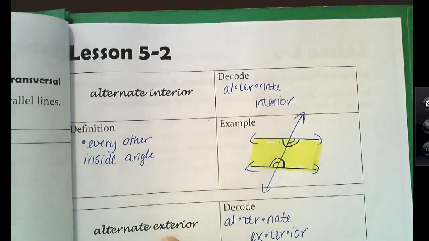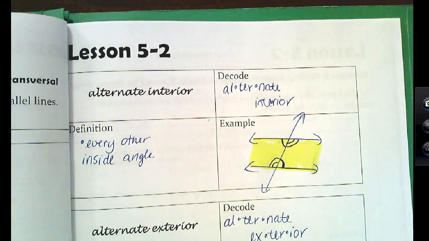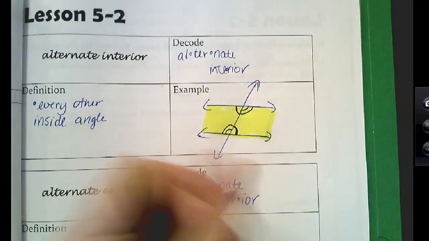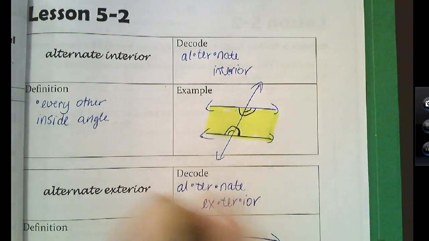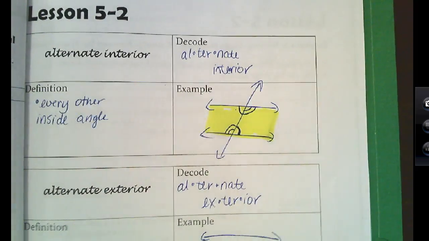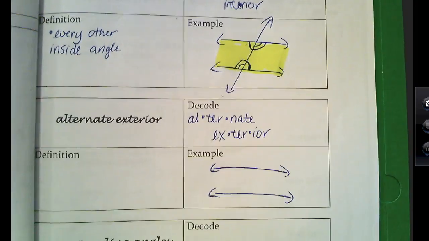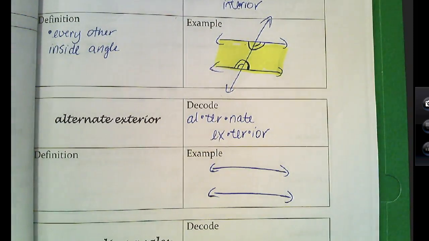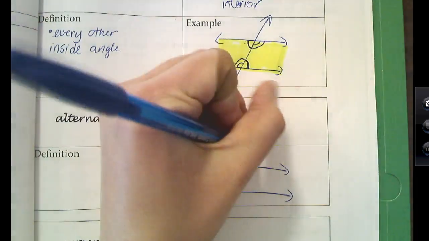Since it's exterior, does that mean it's on the outside? And he's exactly right. So this time, we're going to draw 2 parallel lines, just like we did before. So those are my 2 parallel lines. Go ahead and draw your transversal.